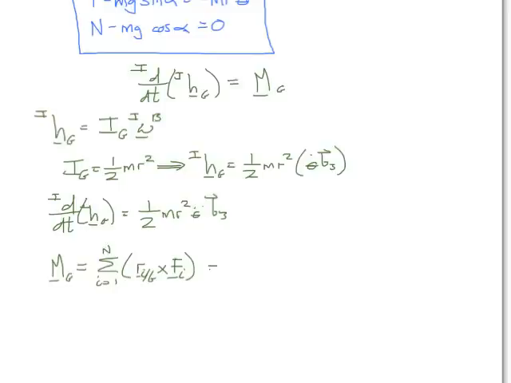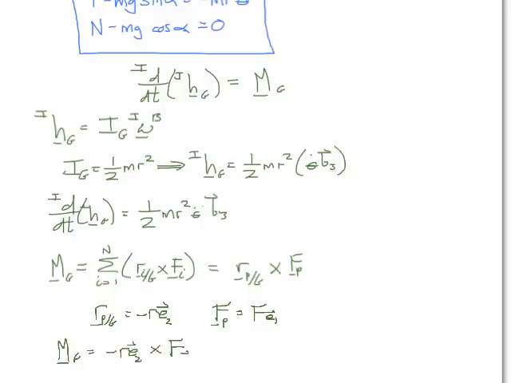And the friction is operating at point P, so this is the cross product of Rp with respect to G cross with the force at P. The position vector of P with respect to G is equal to negative R in the E2 direction. And the force at P is our friction force, so this is F in the E1 direction, and the cross product then becomes the moment about G, negative R E2 cross with F in the E1 direction, and this is equal to positive R F in the E3 direction.